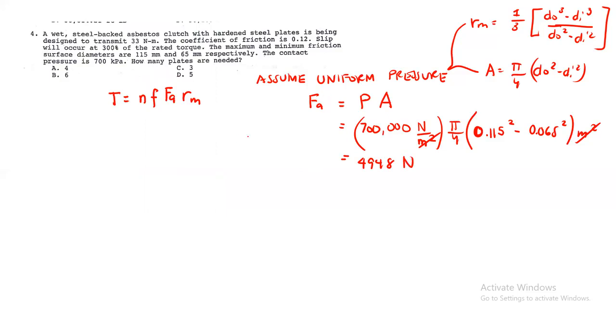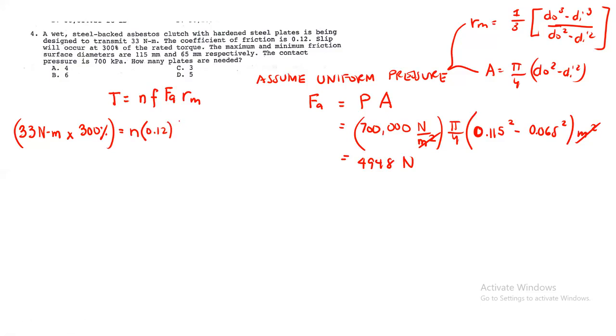Then mean radius niya. So substitute na natin dito, no. So torque natin is equals to 33 Newton meter. So wag niyo kakalimutan, i-multiply natin ng 300%. So 300%, i-multiply natin yan sa torque is equals to N times friction na 0.12 times axial force.